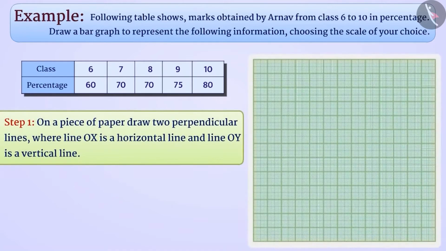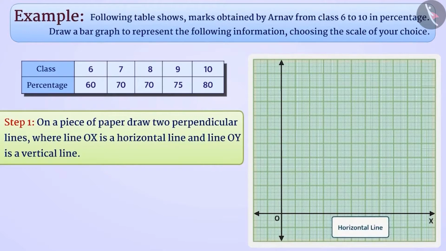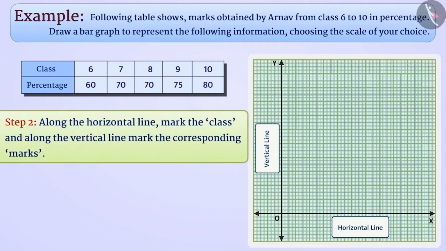Step 1. On a piece of paper, draw 2 perpendicular lines where line OX is a horizontal line and line OY is a vertical line. Step 2.